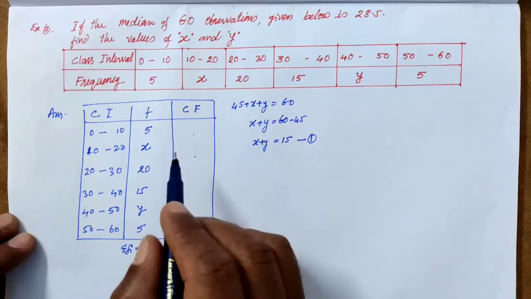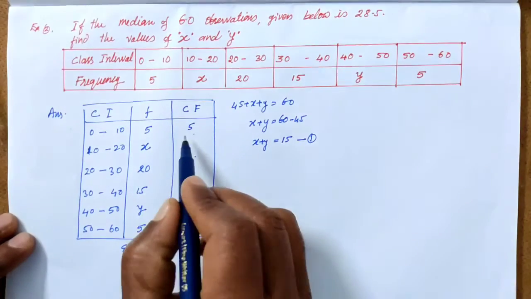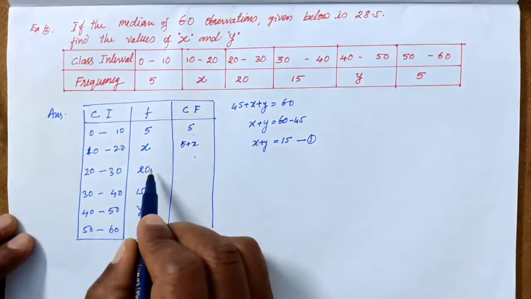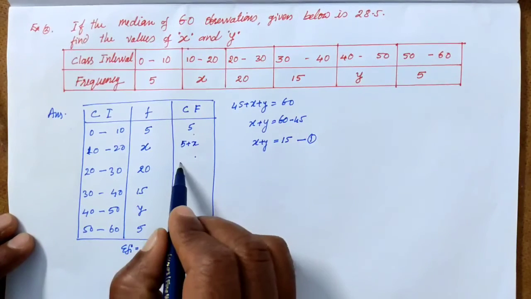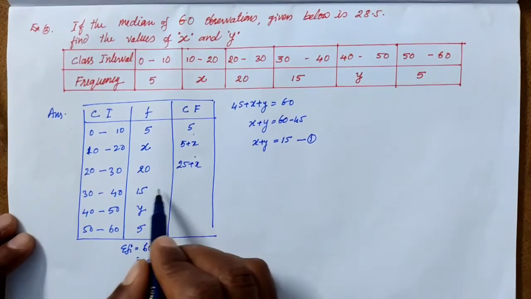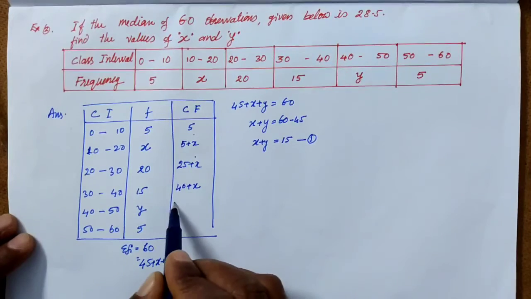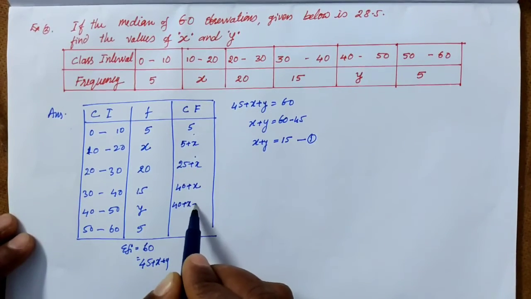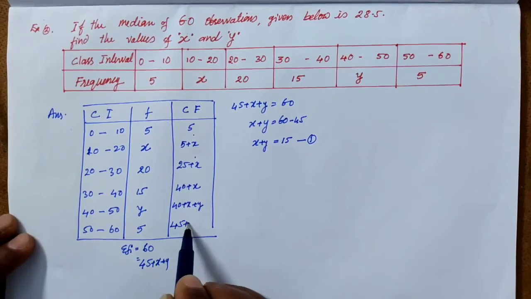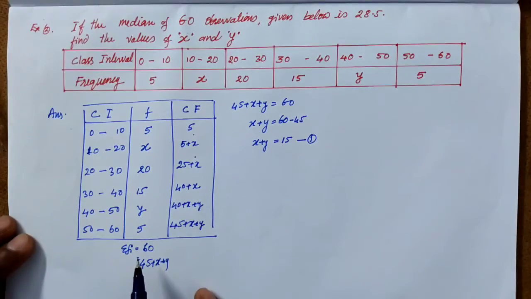Okay, so now find the cumulative frequency: 5, 5 plus x, 25 plus x, 40 plus x plus y, and 45 plus x plus y. So this is the cumulative frequency.